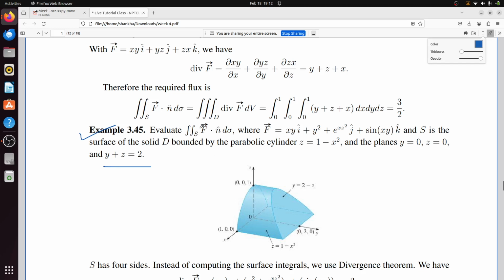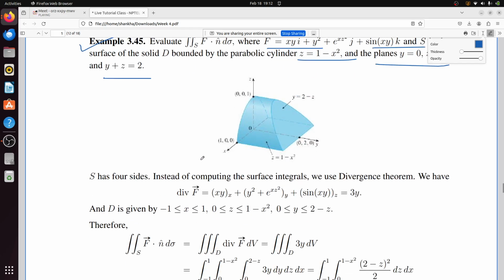Next we have to evaluate this integration F dot n d sigma, where F is this function. It's a bit complicated function. So F equals xy i cap plus y square plus e to power x z square j cap plus sin xy k cap, and S is the surface of the solid D bounded by the parabolic cylinder z equals 1 minus x square, and the planes y equal to 0, z equal to 0 and y plus z equal to 2.